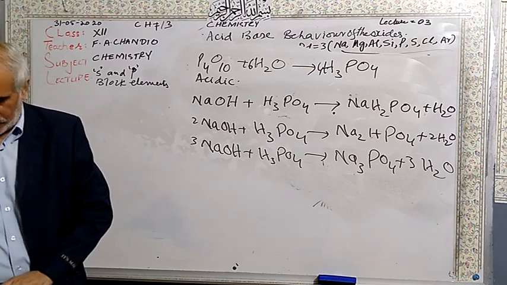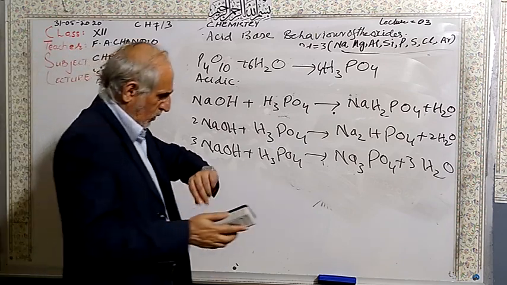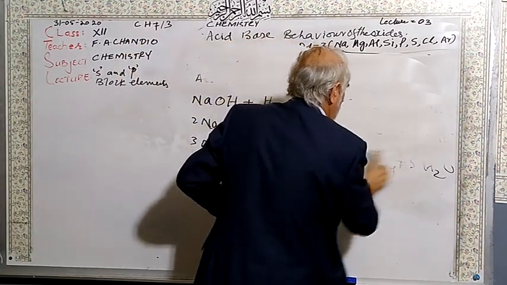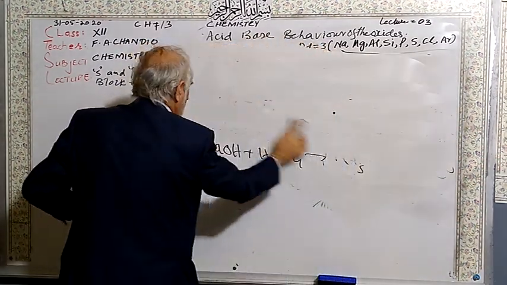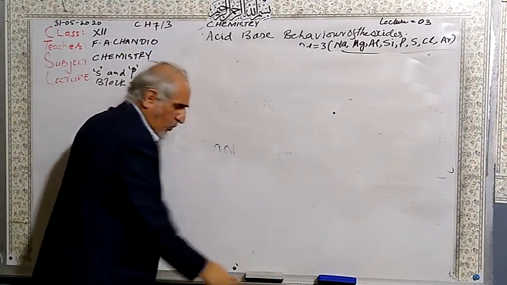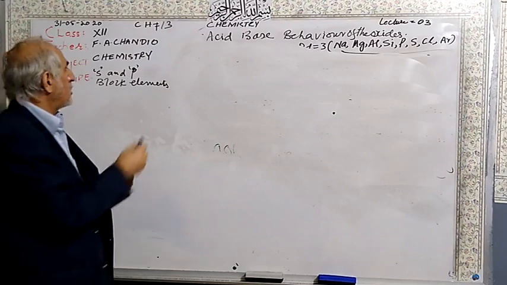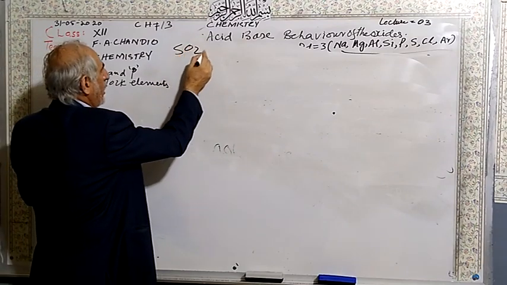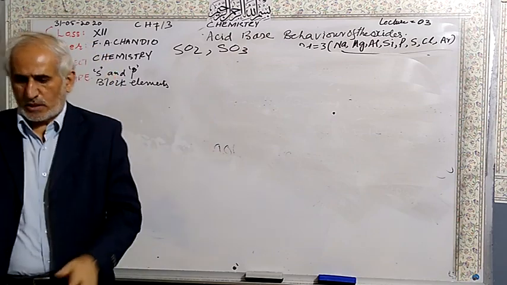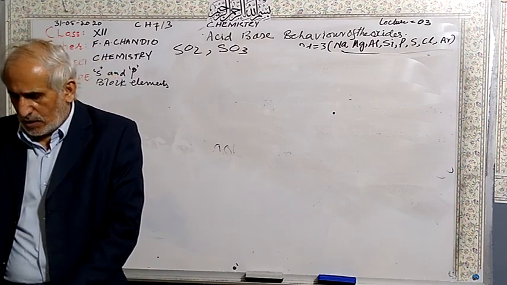Now, oxides of sulfur. As I mentioned earlier, sulfur has two very important oxides, sulfur dioxide and sulfur trioxide.